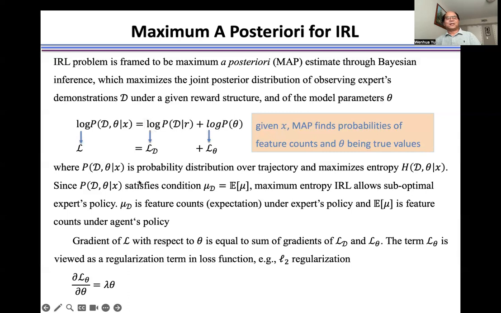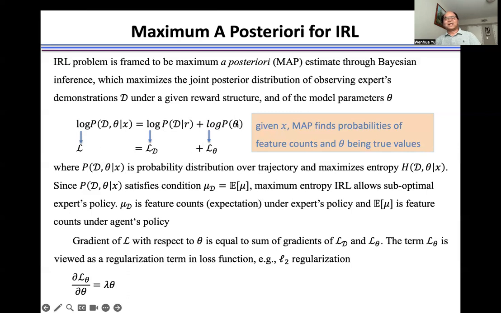To use the gradient descent method to update the model parameters, we need to calculate the gradient of this loss function. That means we need to calculate the gradient of each term and then put them together.